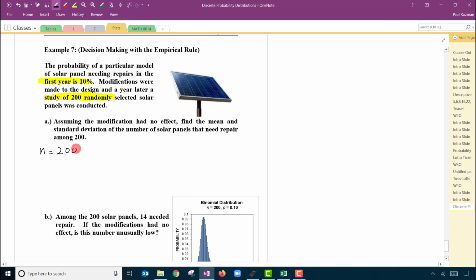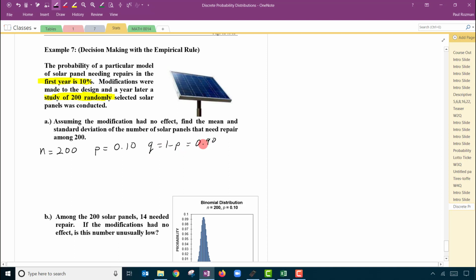So we're studying 200 solar panels, and we're saying the probability of them being defective is 10%. So the opposite of that is 90%. 10% of them have potential problems, and 90% are good.